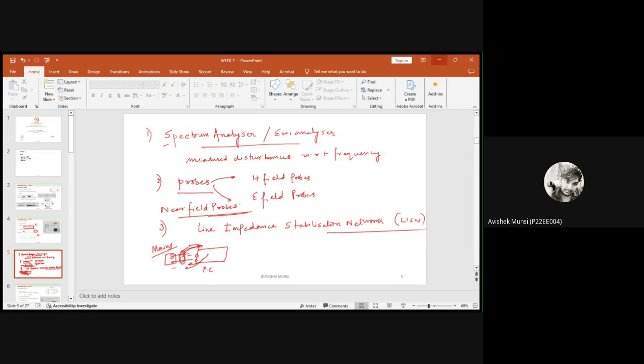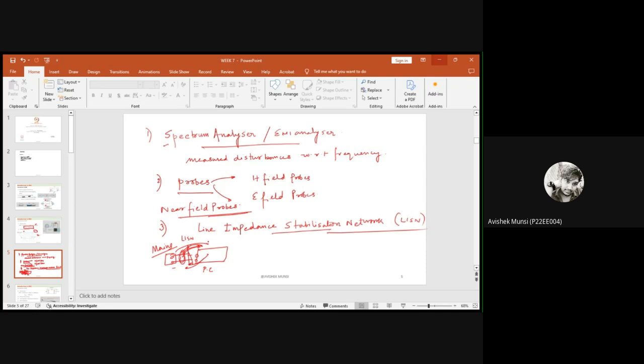It works like a filter. It doesn't let disturbances from the mains into the converter, and even from the converter it doesn't allow noise to go into the supply. So that is what LISN is.